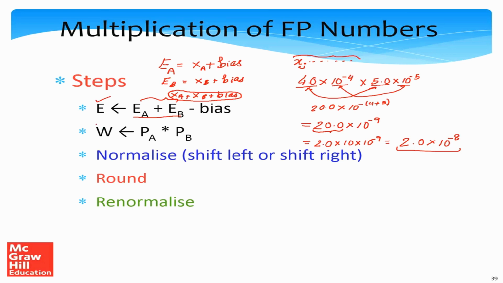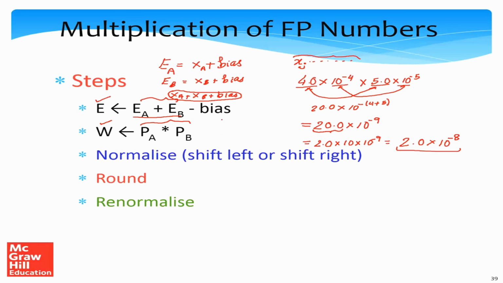And then we'll compute a temporary value W, which is the product of the significants. The same way we multiplied 4.0 times 5.0, whatever the significants are, we'll multiply them. After that, we need to normalize it: if the significant is greater than or equal to 2, then we need to shift the number to the right and also adjust the decimal point.